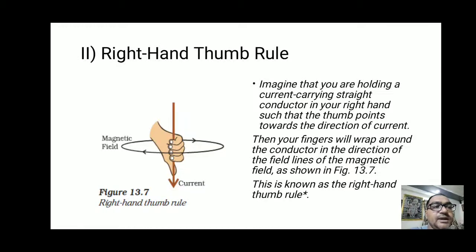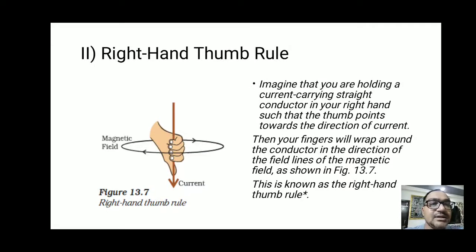So students, it means that we have to hold a current carrying conductor in our right hand, as given in the figure. You can see that the thumb represents the direction of the current. It means that current is coming from the upper direction and moves towards the downward direction.